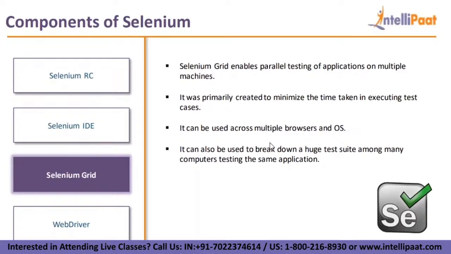So Selenium Grid basically gave us the power of running tests in parallel when you were trying to test something automatically, right? So Selenium Grid was an application which could help us test multiple parts of an application on multiple machines, right? And this reduced the time of testing an application drastically, because earlier everything was in a queue process.